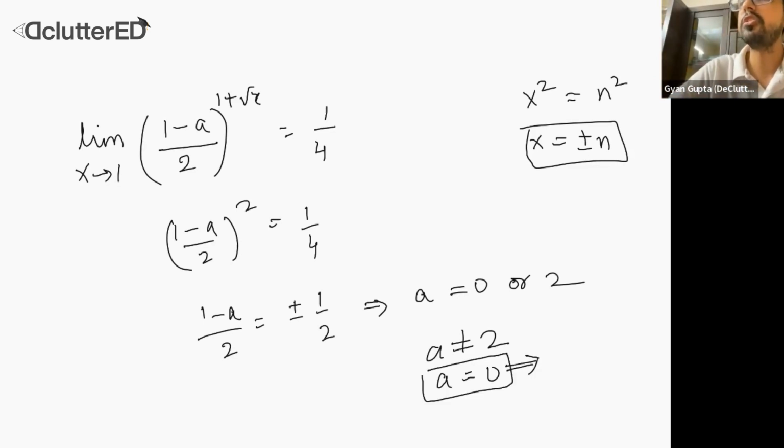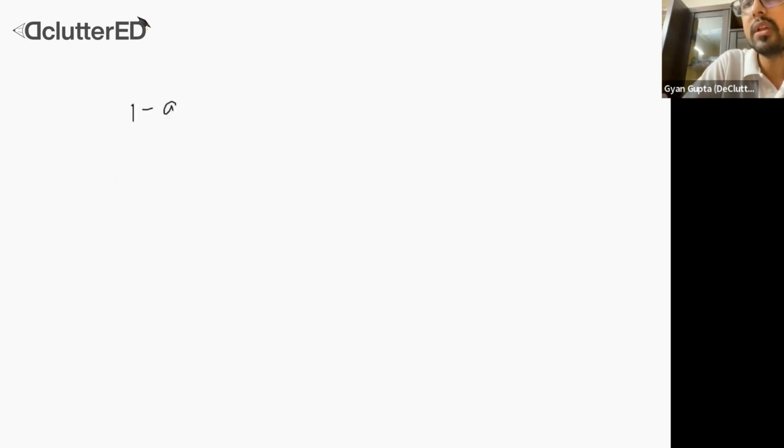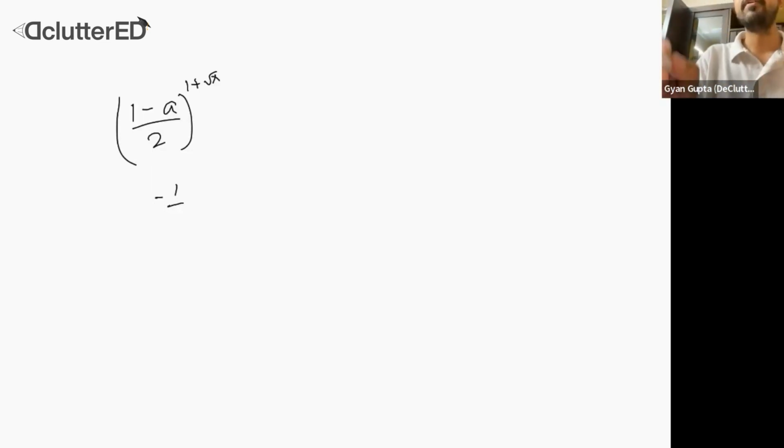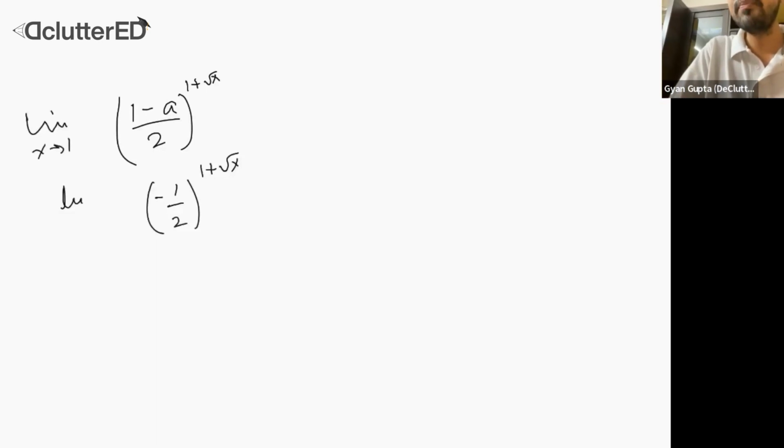The explanation to this is here. Let's see what happens when a is 2. We have ((1-a)/2) to the power 1 + √x. When a is 2, this is (-1/2) to the power 1 + √x, as x tends to 1. One thing we have to understand is that it's a limit question and it is not an exact value. So 1 + √x is tending to 2.